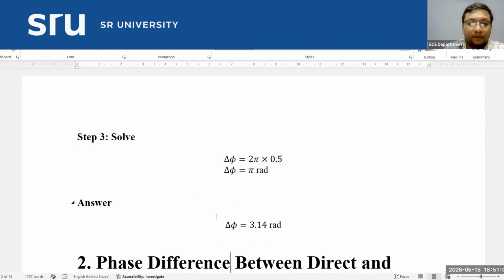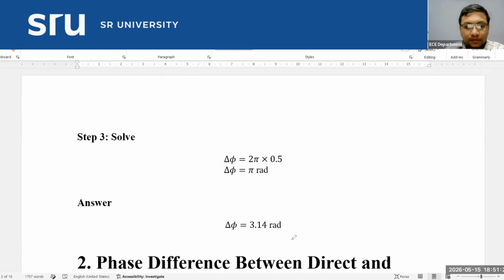So del phi value will be 3.14 radian. Always remember that whenever an expression contains pi for calculation of an angle, the unit will be radian by default. It will not be degree.